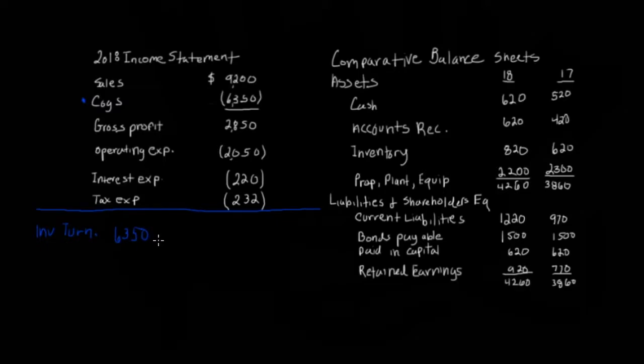And then you're going to divide by your average inventory, because this is the inventory turnover. You can take your inventory, and then you're going to take your 2018 inventory, and then you're going to add your previous year's inventory.